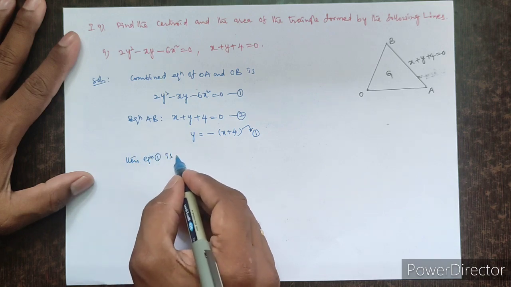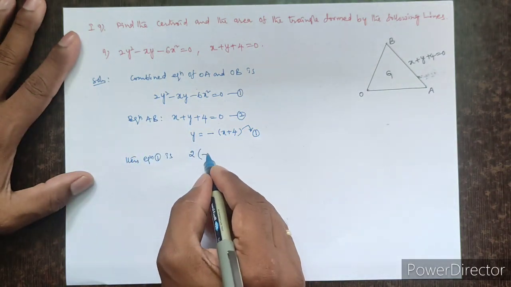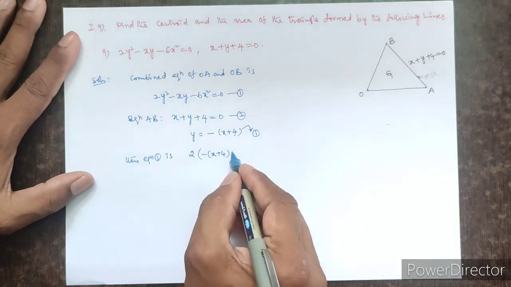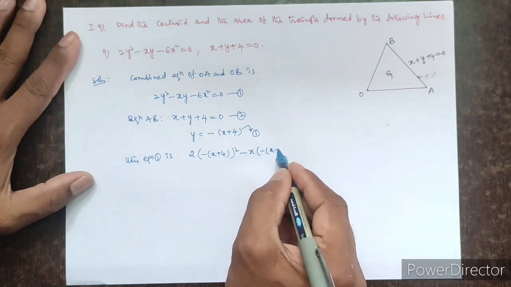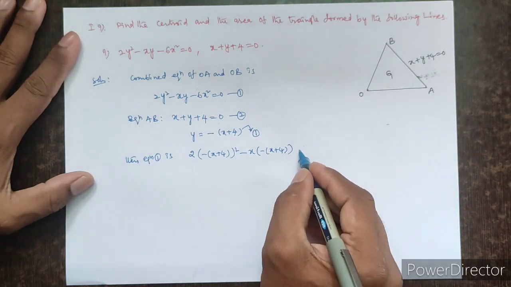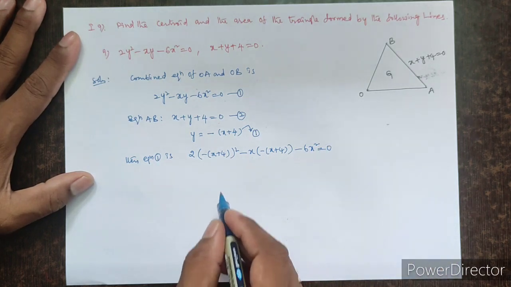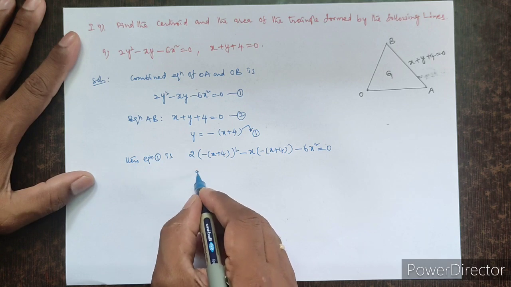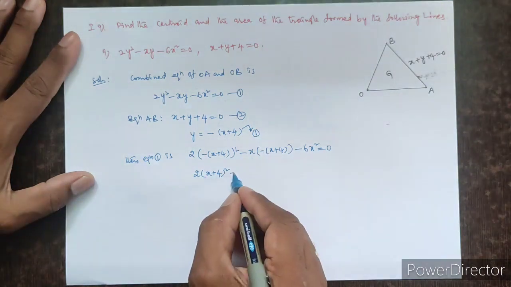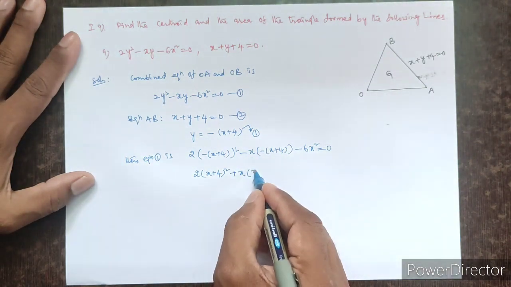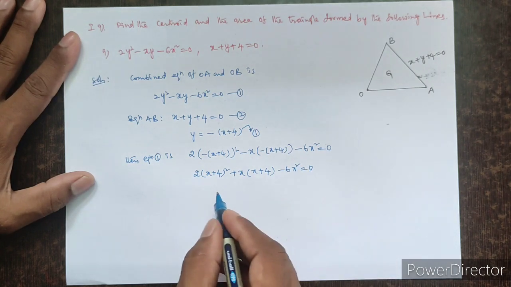Equation 1 becomes 2 times minus of x plus 4 whole square, minus x into y, which is minus of x plus 4, minus 6x square equal to 0. Simplifying: 2 of x plus 4 whole square, minus into minus plus x of x plus 4, minus 6x square equal to 0.